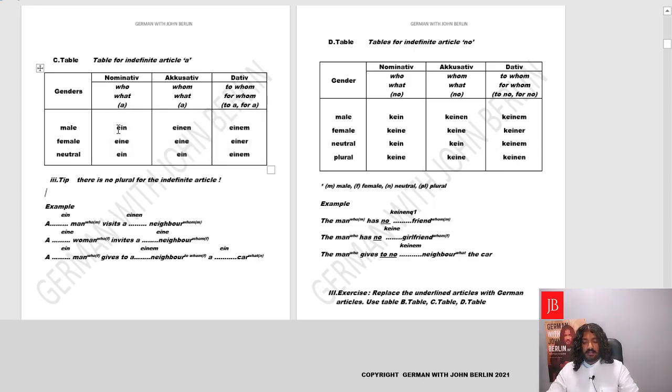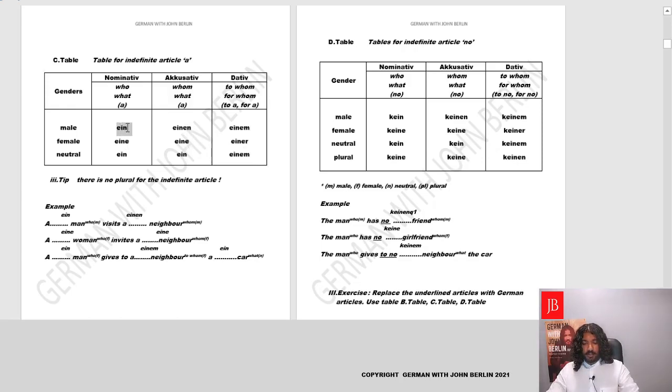And these articles basically have the endings of the definite article, if you might recall. Eine, einen, eine, einem, einer, einem. Just like they are die, den, die, dem, der, dem. Yes?